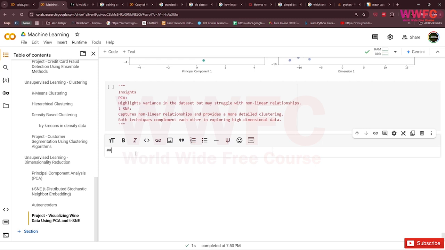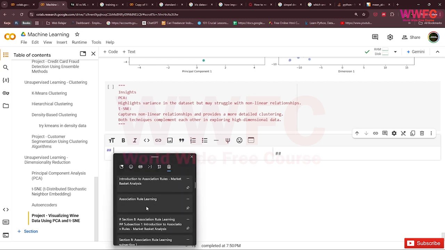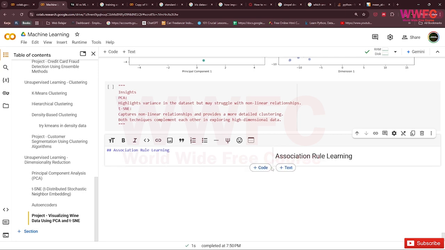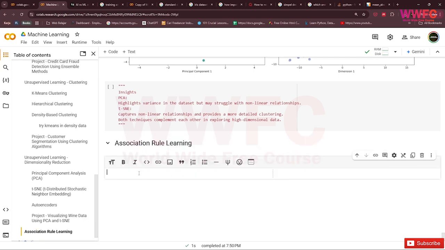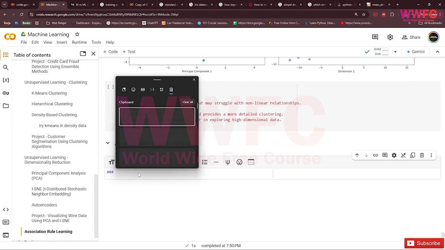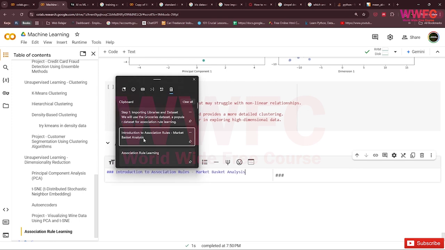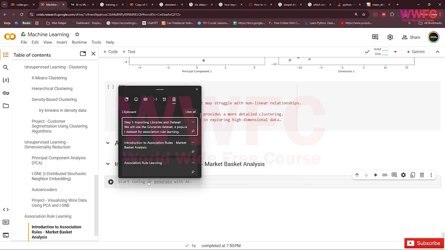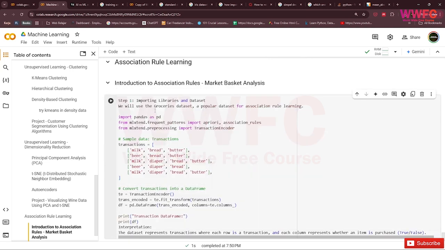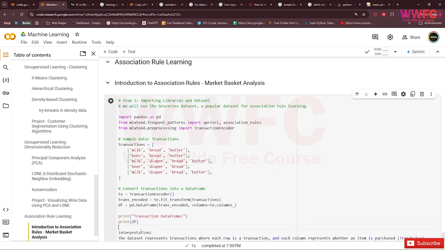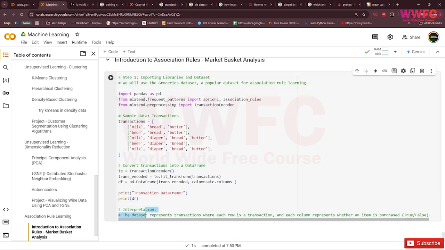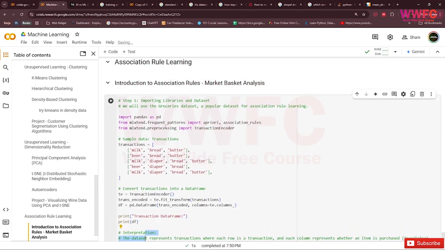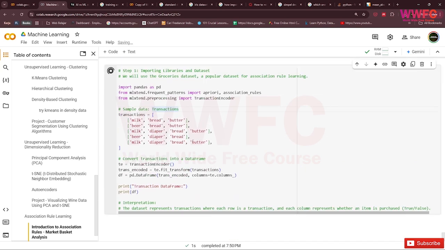We want to go to the next section, association rule learning, and the topic is market basket analysis. So we will use the grocery store dataset, a popular dataset for association rule learning.